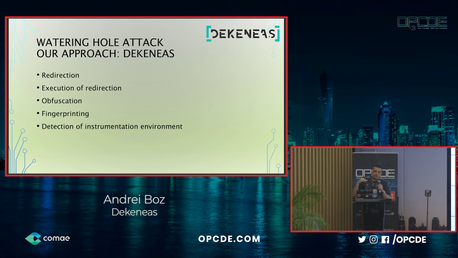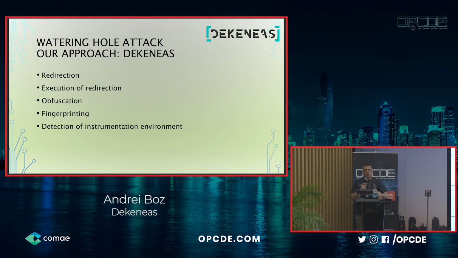You need to actually implement and execute that redirection through some keywords or instructions. But this would be very obvious for an admin, and he could easily see that someone implanted an iframe or a meta refresh tag in his website. So they had to obfuscate and conceal the presence of such keywords or instructions that would perform the redirection.